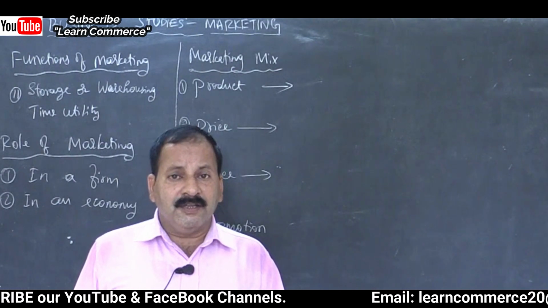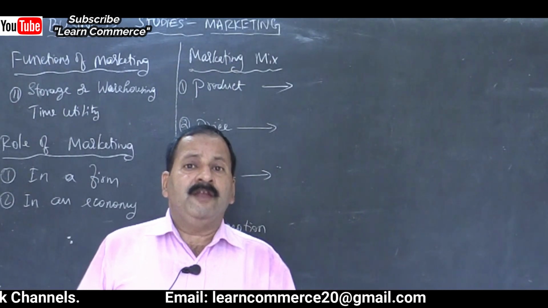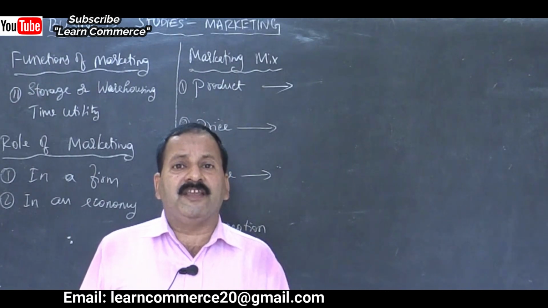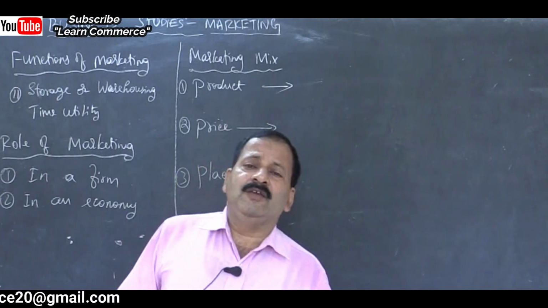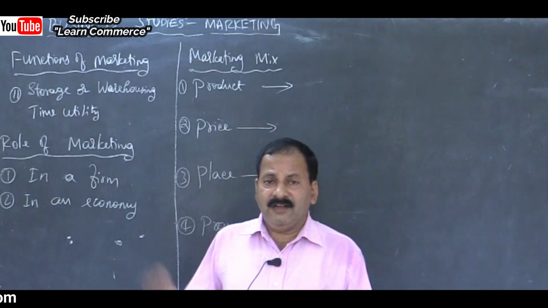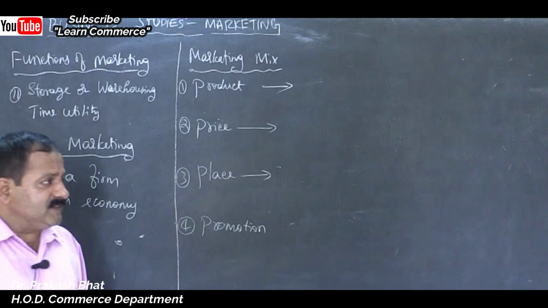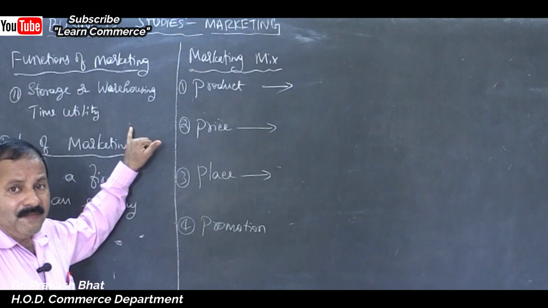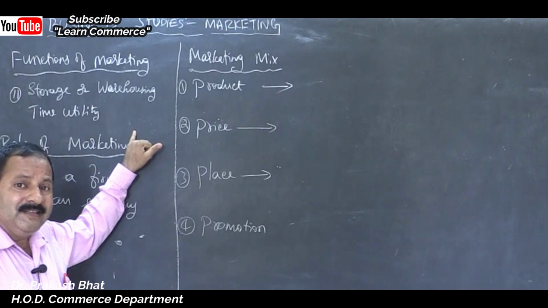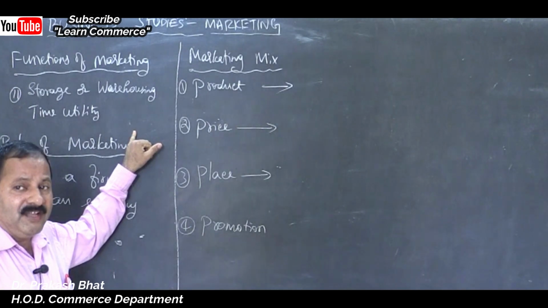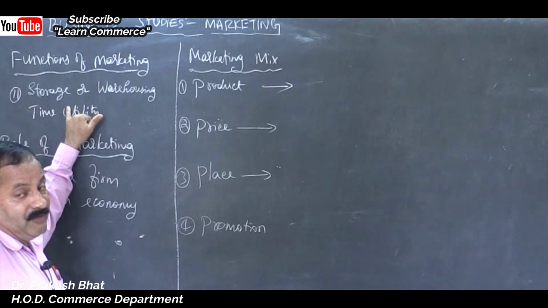He will ask for 5 kg rice bags, 1000, or maybe 20 kg or 25 kg rice bags, maybe 1000. Like that, he may place an order with the wholesaler or the manufacturer. So ultimately what happens is that we have to store the paddy or the rice for a longer period of time for consumption by the people throughout the year. That is the function of storage.